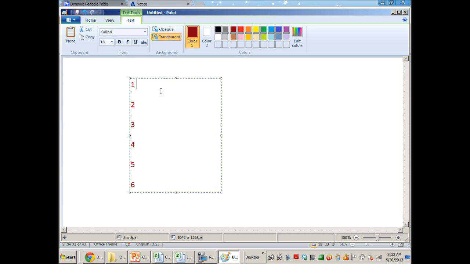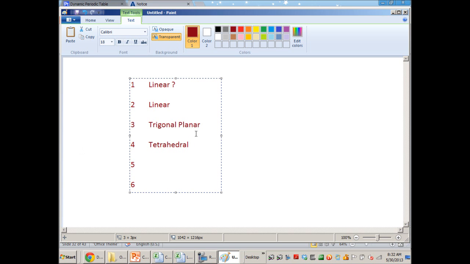For 1, it's going to be linear. For 2, it's going to be linear. For 3, it's going to be trigonal planar. And for 4, it's going to be tetrahedral.